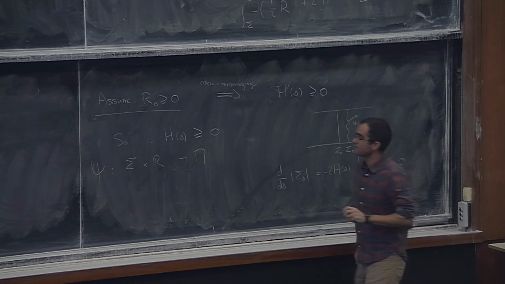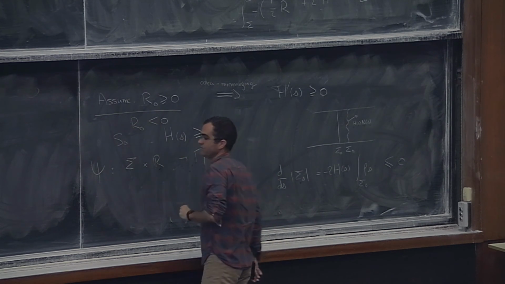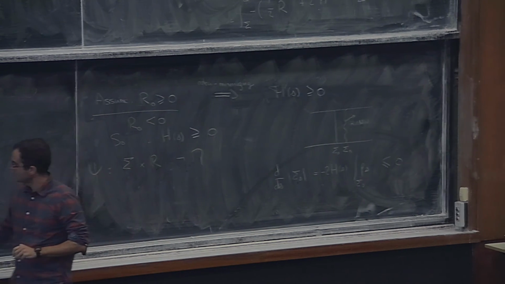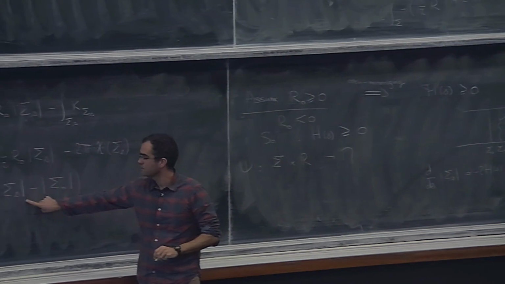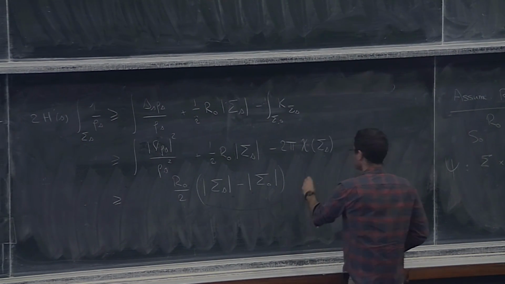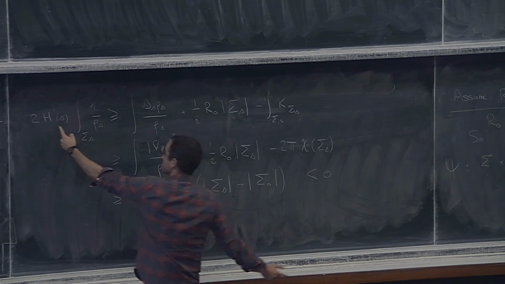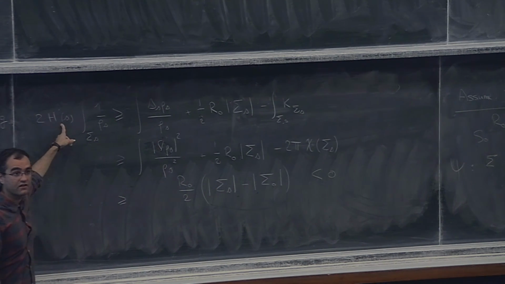And the thing is that if you assume that R naught is negative there, then you have a sign here, and this tells you that this quantity is negative. So you don't get anything about h prime of S, it's not the right way.